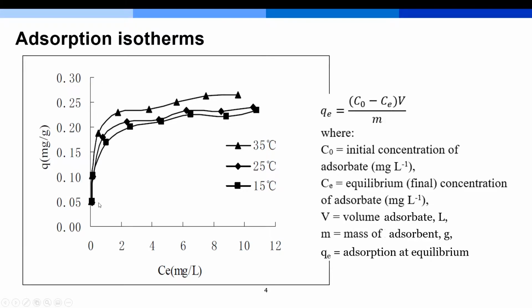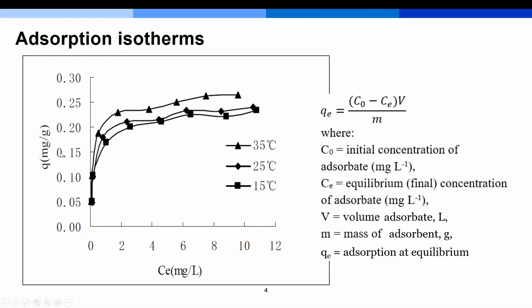So as you can see, they had their different concentrations steadily increasing from I think about 0.6 to about 14 milligrams per liter of their copper. So on the x-axis here we have CE, which is the equilibrium concentration, or the final concentration of the solution.